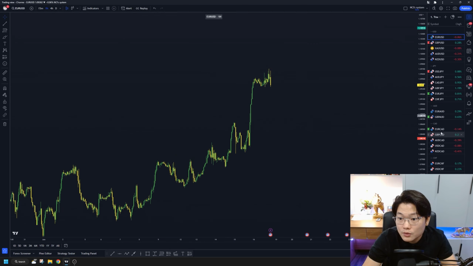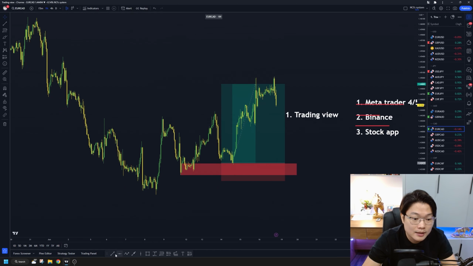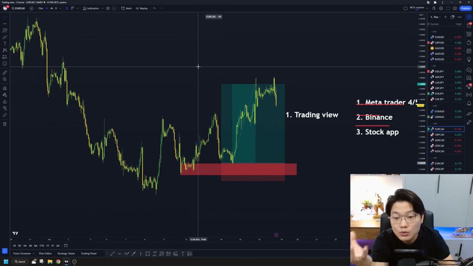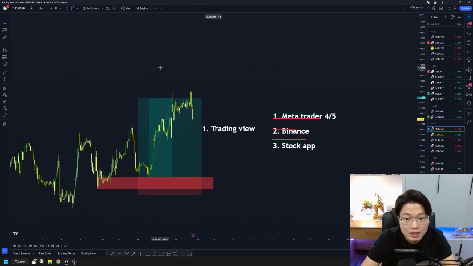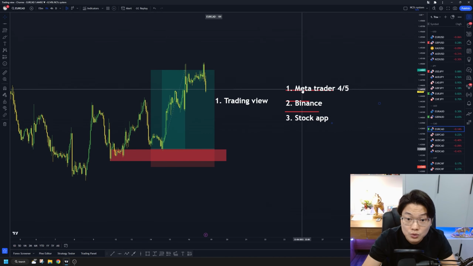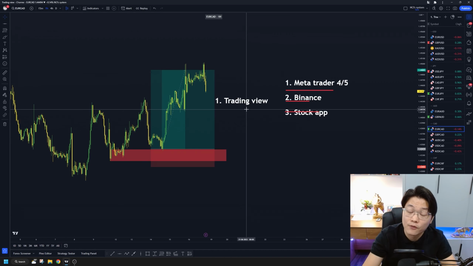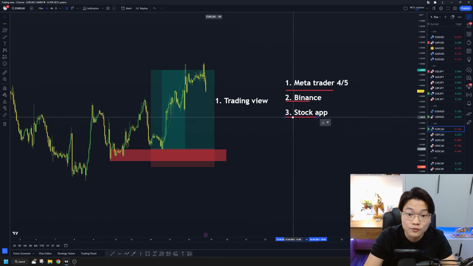You can draw the charts very easily, the line like this, the horizontal line, everything we need to analyze. If you are using price action, key levels, market structure, everything, TradingView is very useful. So I also recommend you follow it if you are a new trader.